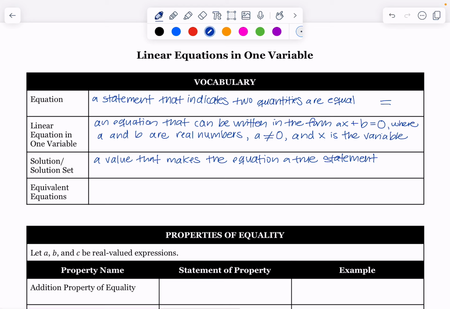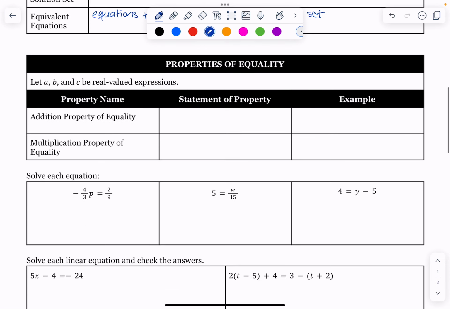And then equivalent equations are equations that have the same solution set. Awesome. Next, before we start, we also need to talk about properties of equality.